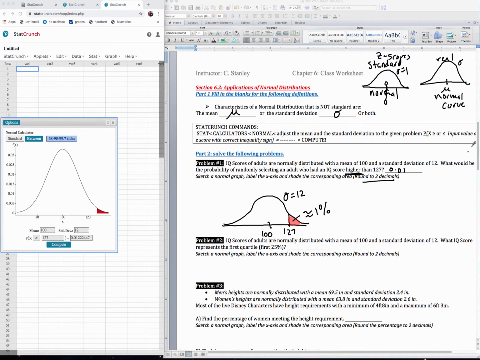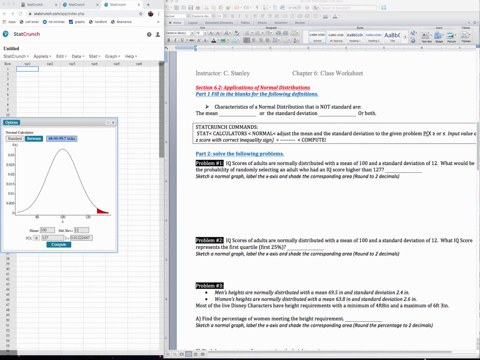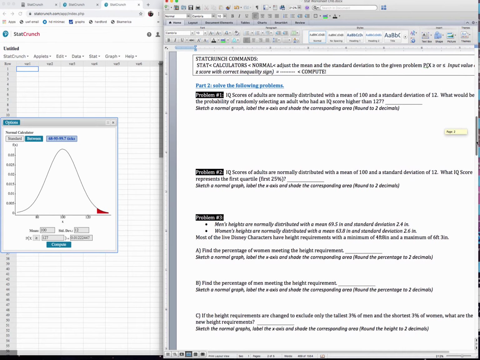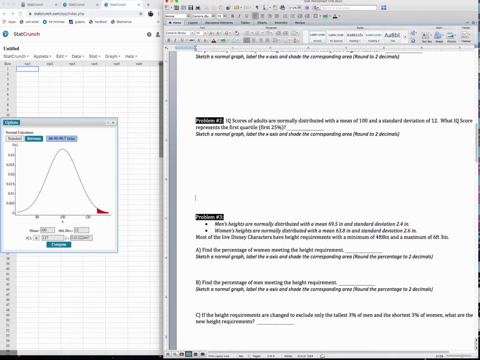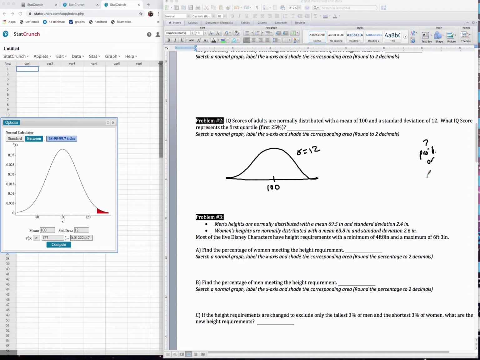Okay, now let's do the next one. IQs are normally distributed, a mean of 100, standard deviation of 12. Now you have to ask, are they asking for probability or are they asking for a score?